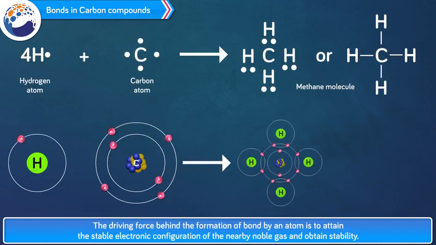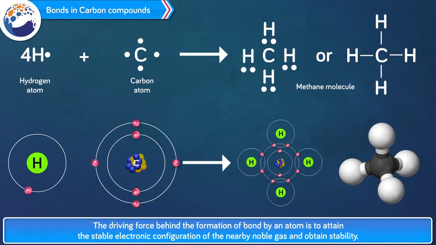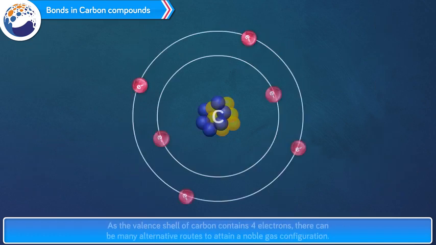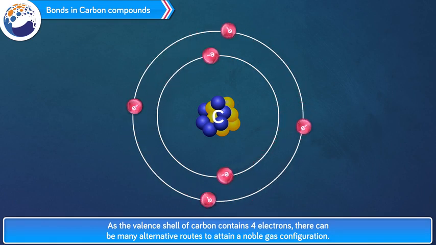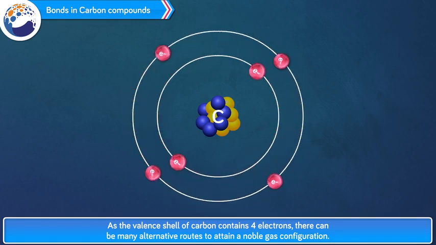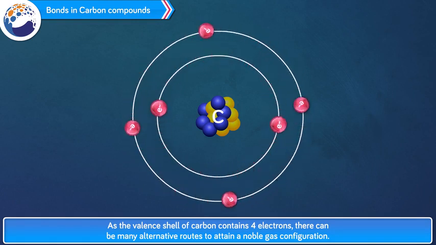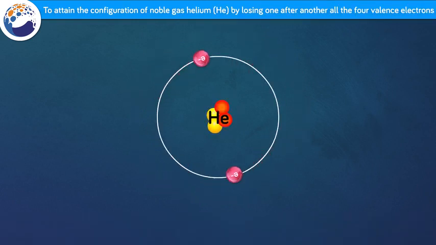The driving force behind the formation of a bond by an atom is to attain the stable electronic configuration of the nearby noble gas and obtain stability. As the valence shell of carbon contains 4 electrons, there can be many alternative routes to attain a noble gas configuration. One is to attain the configuration of the noble gas helium, He, by losing one after another all 4 valence electrons.